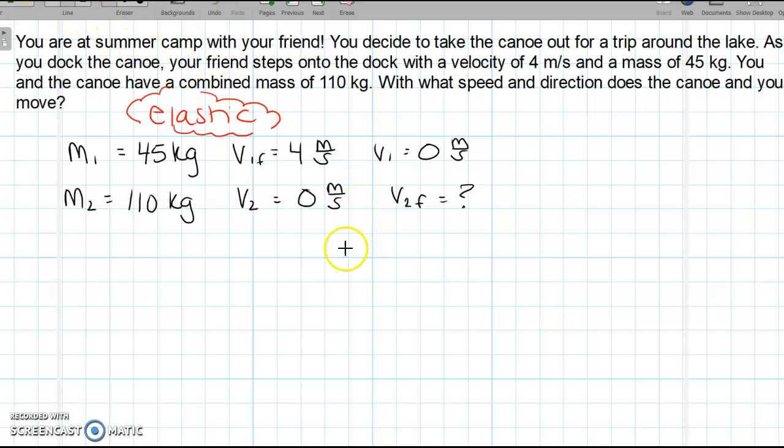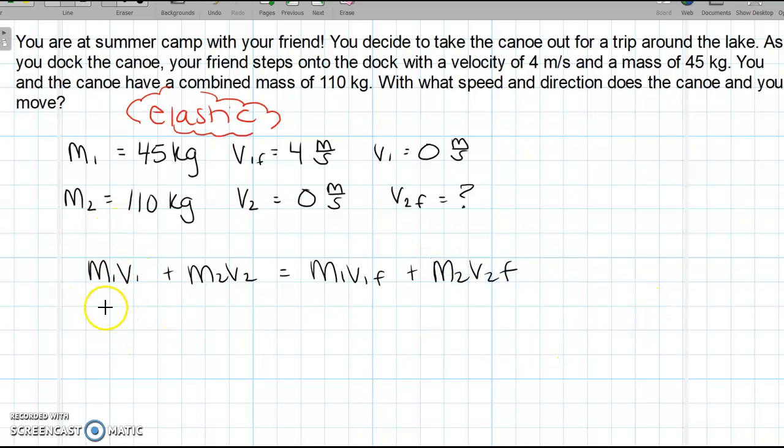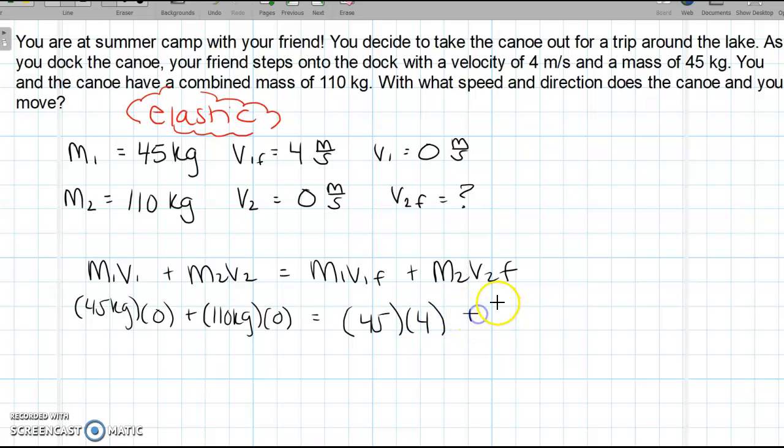All right, so let's start here. So we have M1 V1 plus M2 V2 is equal to M1 V1 final plus M2 V2 final. So let's plug in what we know. 45 kilograms times 0 plus 110 kilograms times 0 is equal to M1, which is 45, times 4, which is going to be our positive side, plus 110 kilograms times v2f, which we need to solve for.